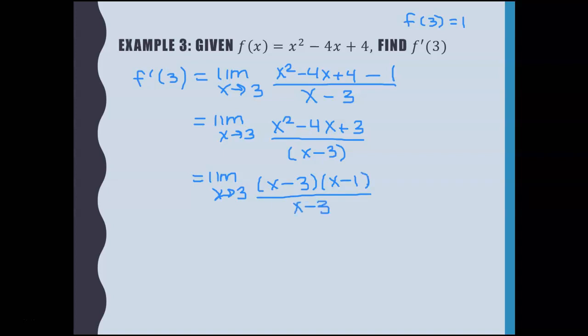So we get x minus 3 times x minus 1 all over x minus 3, which gives the limit as x approaches 3 to be x minus 1, which means this is equal to 3 minus 1, or 2.